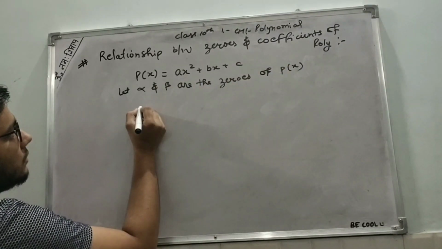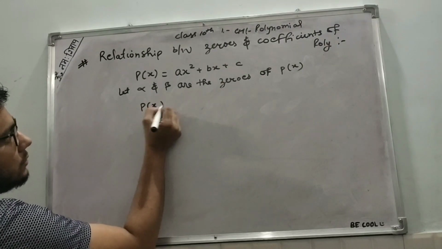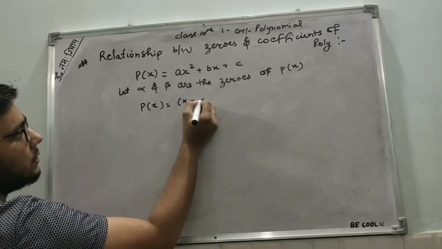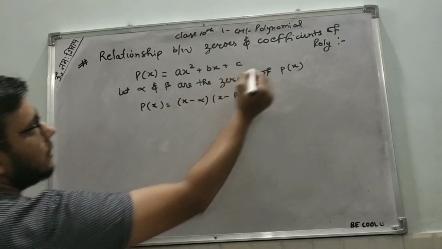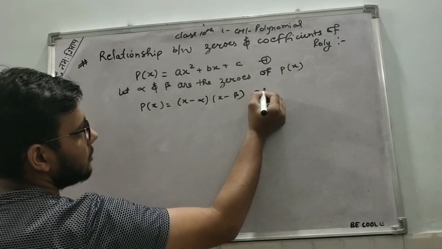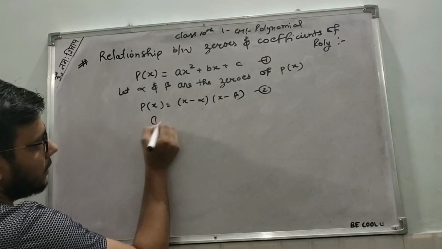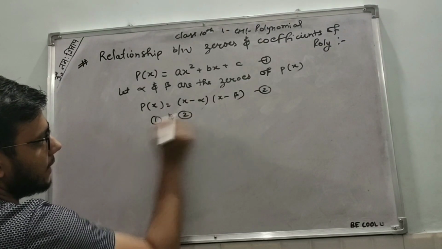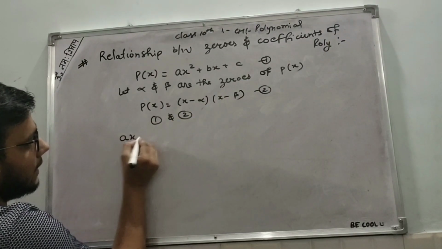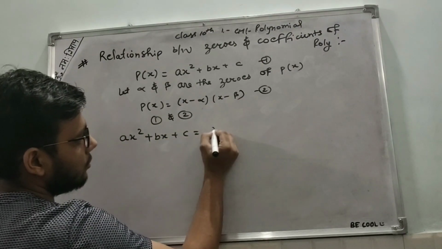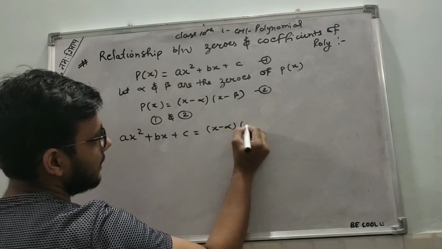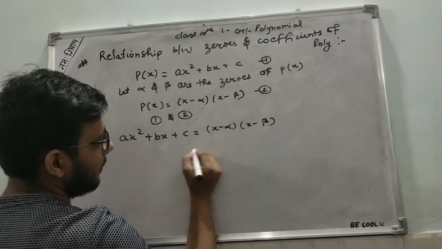So we have p(x) is equal to (x minus alpha)(x minus beta). First, second, equate first and second. So we get ax square plus bx plus c is equal to (x minus alpha)(x minus beta).